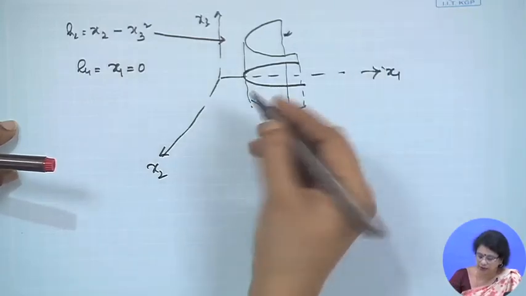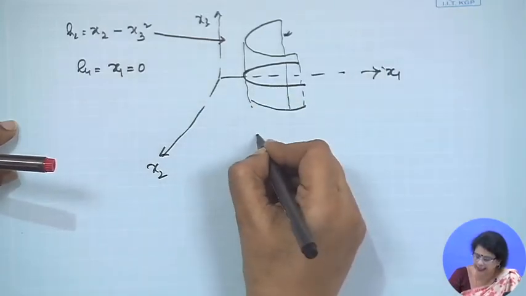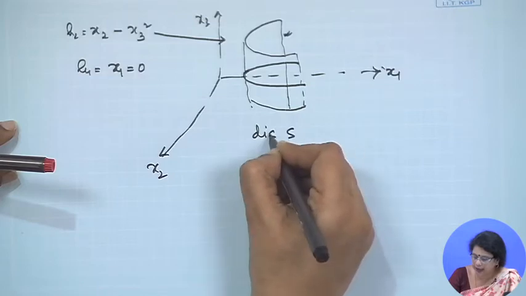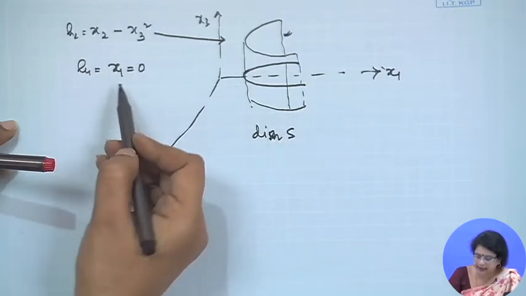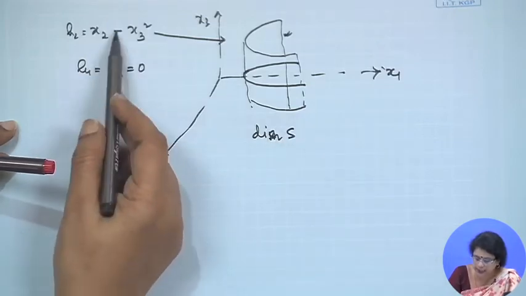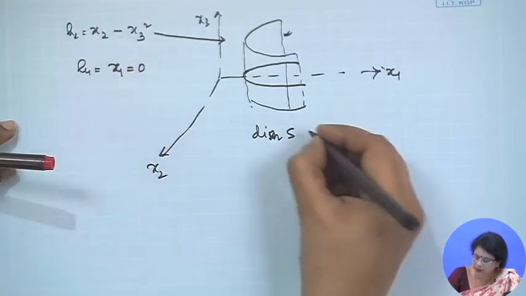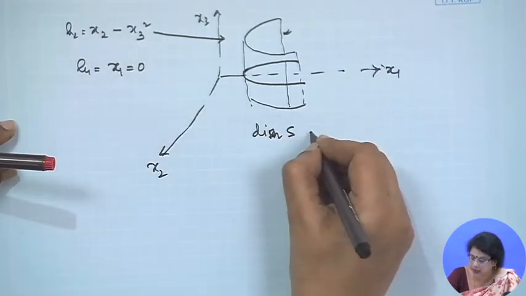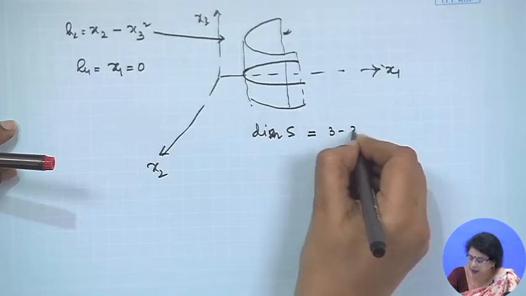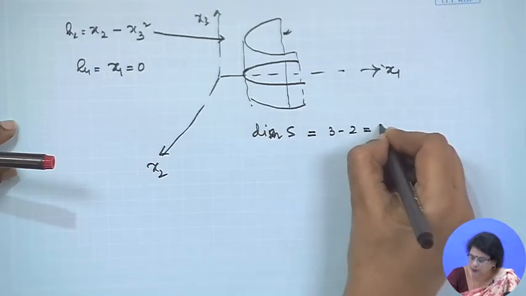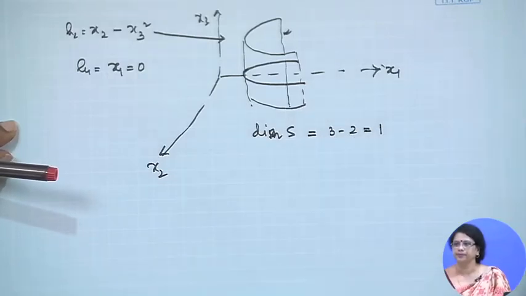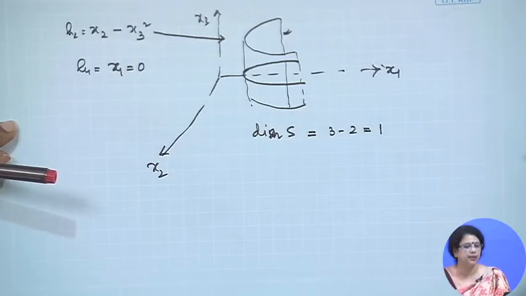That is why graphically also we can declare that the dimension of S, the collection of regular points which satisfy both the equations, must be 3 minus 2 is equal to 1. Now, this is all about the regular point.